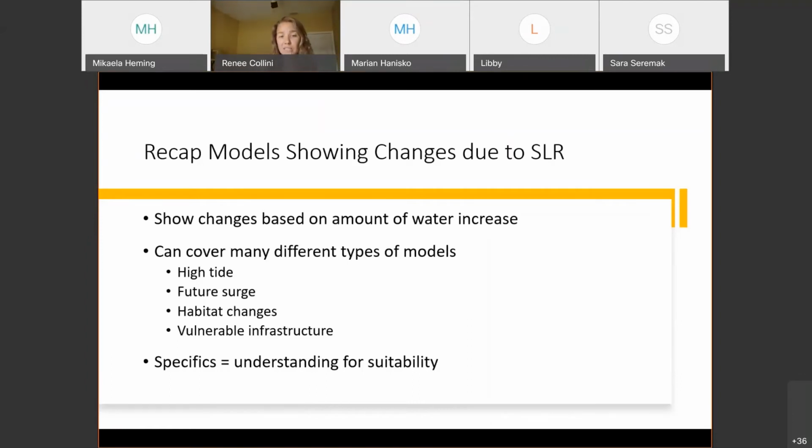The specifics of these different models can take you from just sort of a generic, like, that's a pretty map, all the way through to really understanding if this is suitable for you, or to what level you should be relying on or applying that for different kinds of decisions.